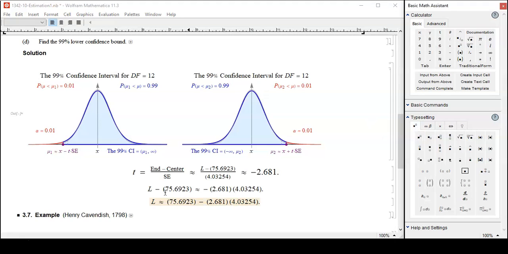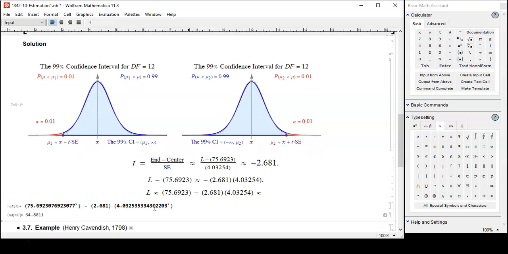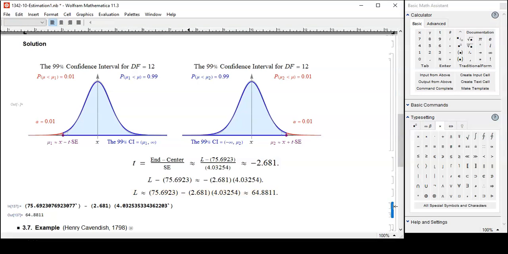That's it, isn't it? Flip it over. This minus 2.681 times SE, that was there before. So calculating this, punching into the calculator, what do we have? 64.8811 is the 99% lower confidence bound.